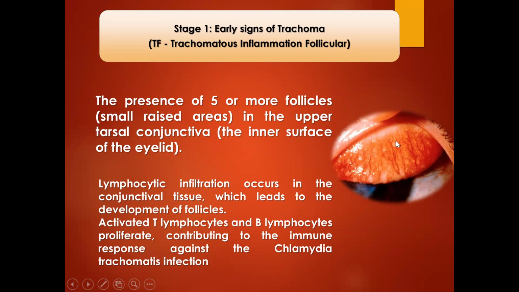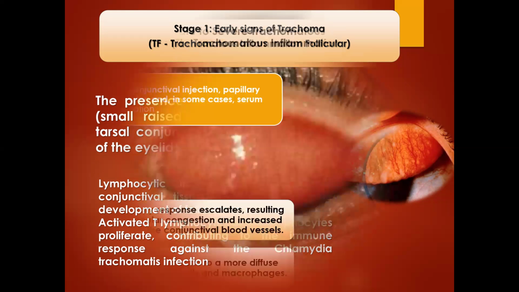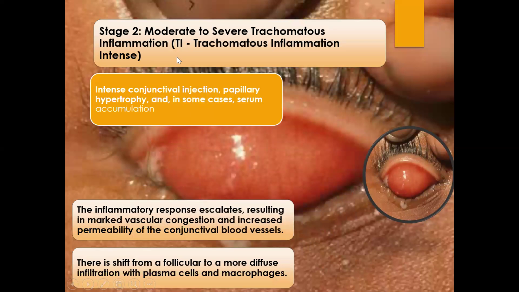Then due to inflammatory response by activated T lymphocytes and B lymphocytes, which proliferate and contribute to immune response against Chlamydia trachomatis infection, it now proceeds to the second stage, which is moderate to severe, known as trachomatous inflammation intense, whereby there is conjunctival injection, where it becomes more inflamed and injected, and there's papillary hypertrophy due to increased shift of white blood cells and macrophages moving to that eyelid in order to fight.